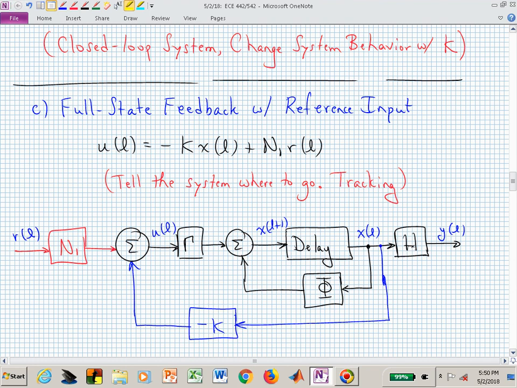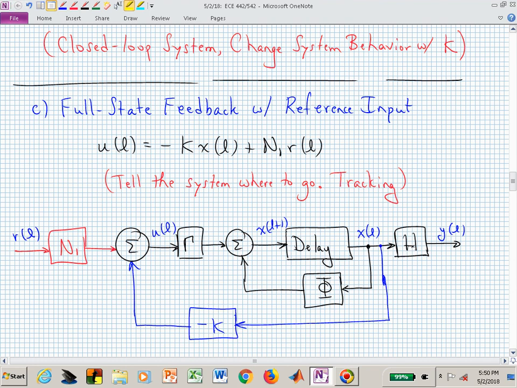If we wanted to track a constant input at r with the output y, what would we want? What kind of property would we want in that system? We would want a DC gain of 1.